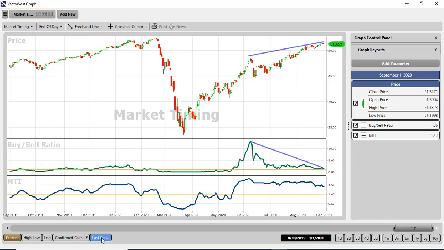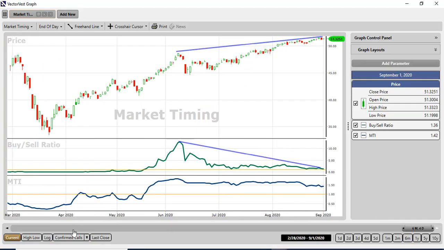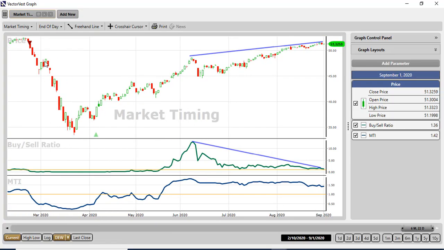The trend is strongly up. I've been using the DEW, which is a proprietary market timing technique, this year. The DEW signals: the sell signal was on the 24th of February and the buy signal on the 6th of April. That buy signal is still in place.